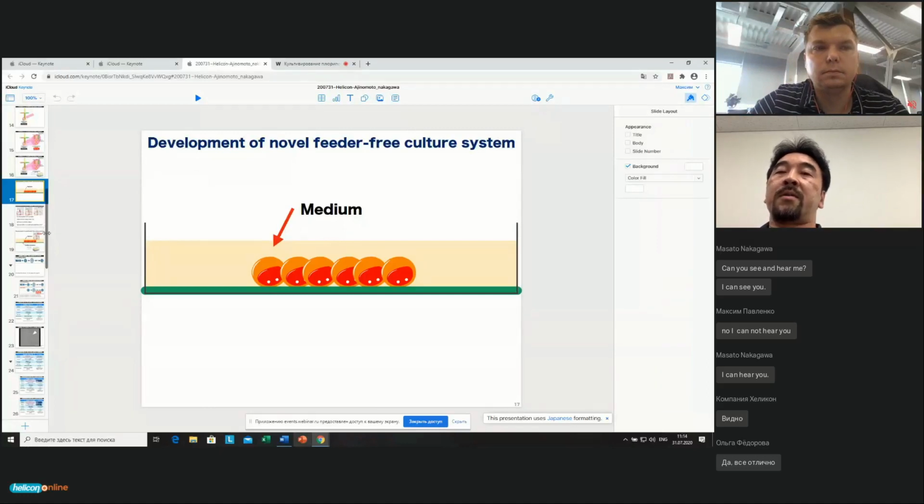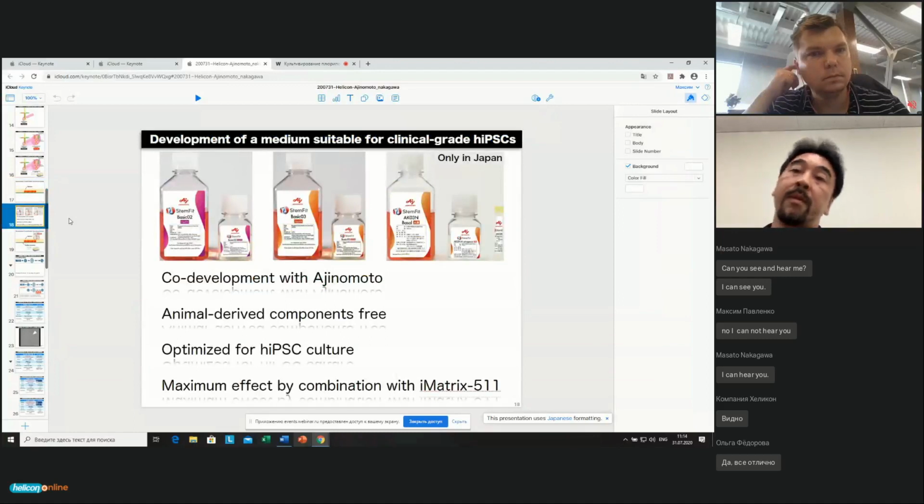The next step to be resolved is the medium. Today I don't show any detailed data for the development of this medium, but we studied in collaboration with the Ajinomoto company, and finally we succeeded in developing a novel medium suitable for iPS cells named StemFit.